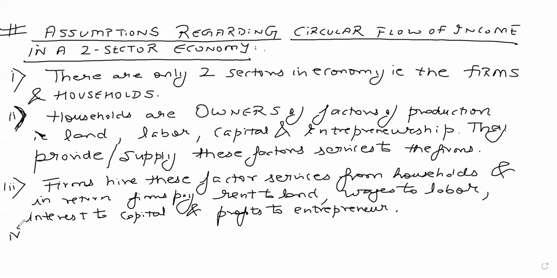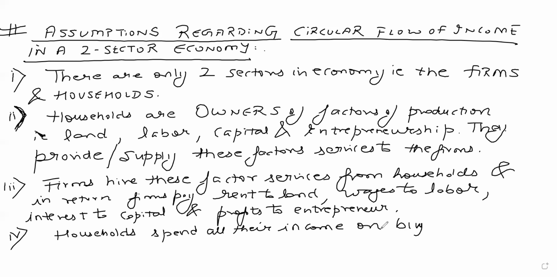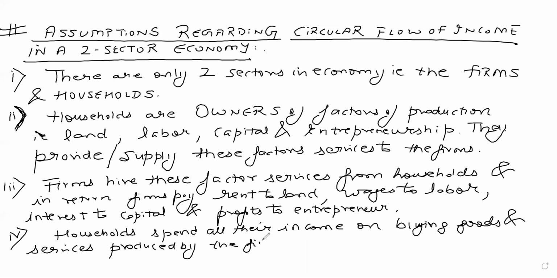Okay. Fourth assumption within the two sector economy: households spend all their income on buying the goods and services produced by the firms.